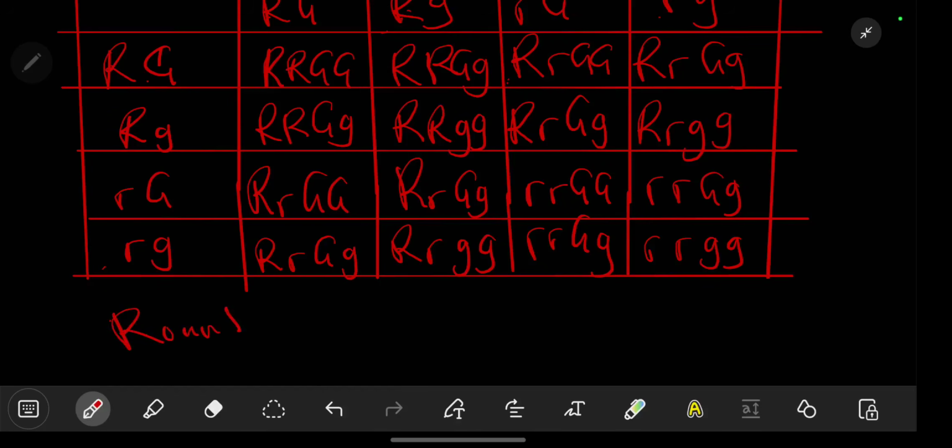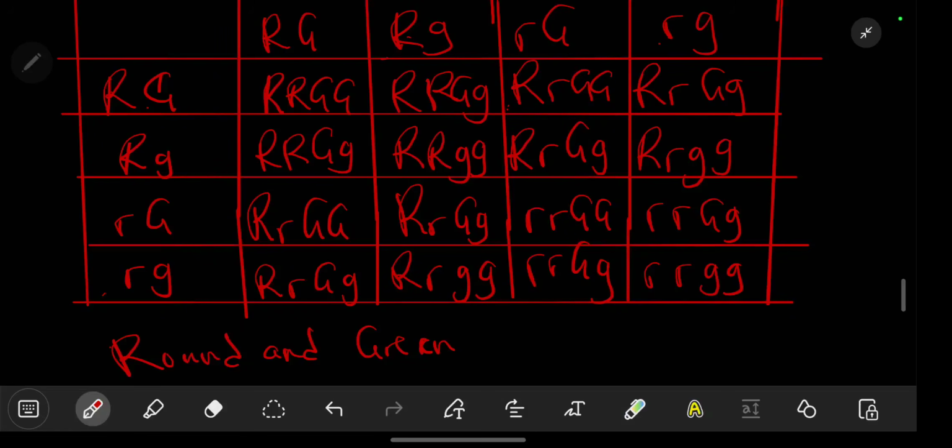Remember, round is dominant, round and green. So for us to have round and green, we need to look for a place where we could have at least one big letter R and at least one big letter G.